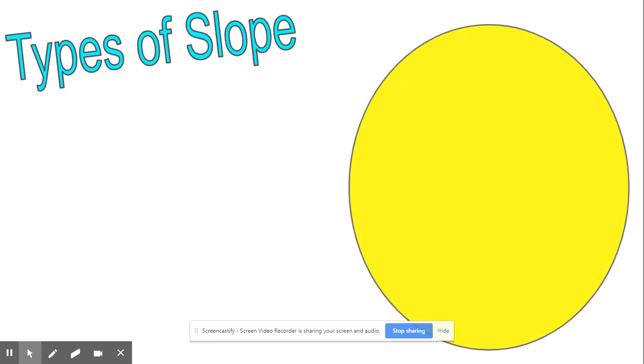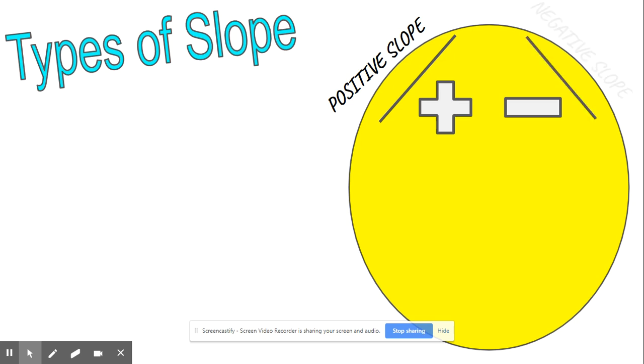So types of slope, let's talk about it. I don't know if you've seen this before, but this is our slope guy. So I draw his face, and you can see his eyes. So positive slope, when you read it from left to right, it's rising, it's positive. When you go from left to right and it's falling, it would be a negative slope.